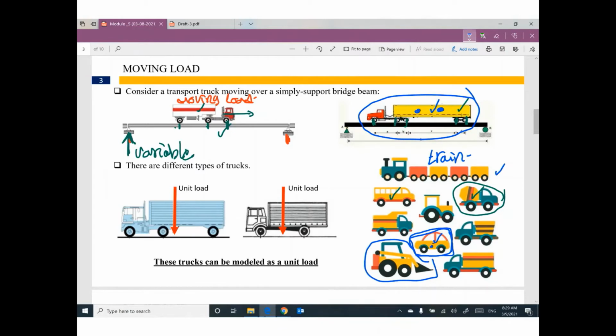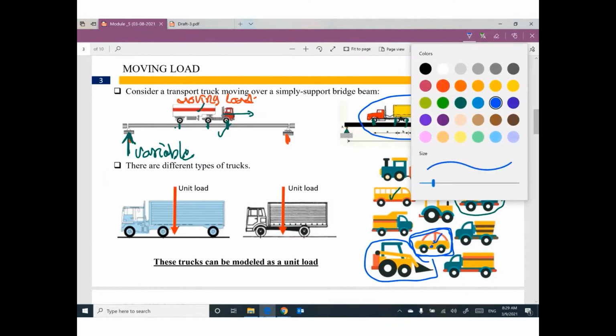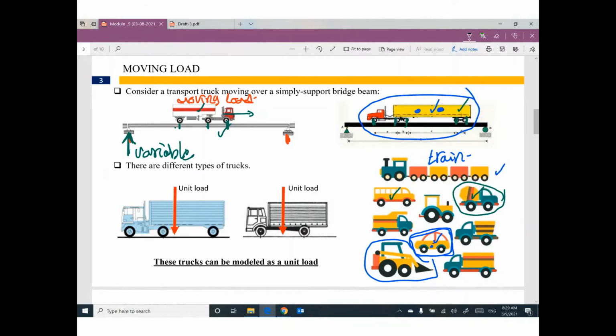Okay, we will have another way. Any truck, this one, or this one, or any one of them, I will assume this huge truck can be represented by a unit load. Unit, one kip, I'm not sure, 1 pound, 1 kilonewton, 1 newton.